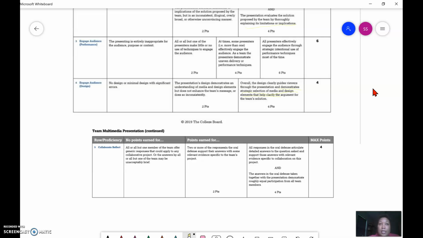And at the end of the TMP, I will ask each individual in the group a question. And the questions are designed to see, one, how did y'all get to this point in your project? So reflecting on everything you did, how the process went, things you may want to change for next time. The other thing the collaborate and reflect is looking at is to see if you guys know what each other did.